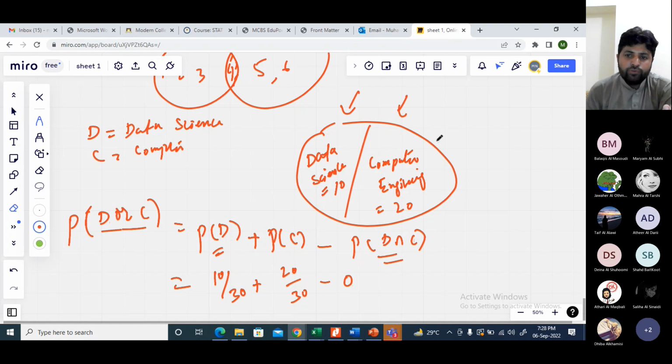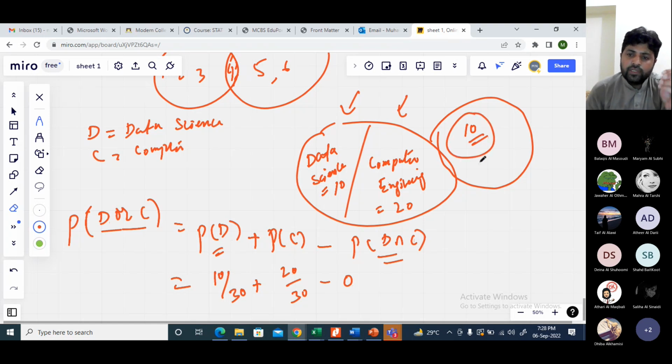For example, let's say we increase the class and there are maybe 10 students more, and these 10 students have both data science and computer engineering. These 10 students are very good and they are specialists in both. So in that case, now we got this number.